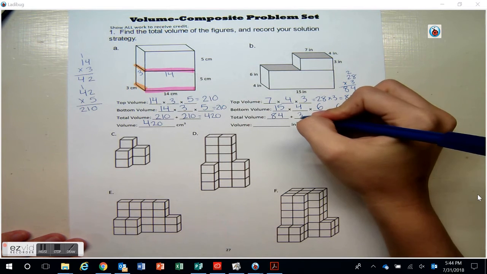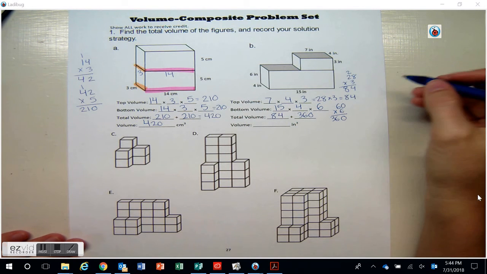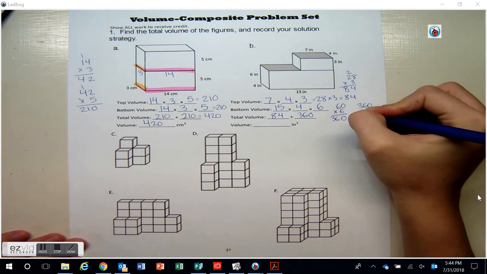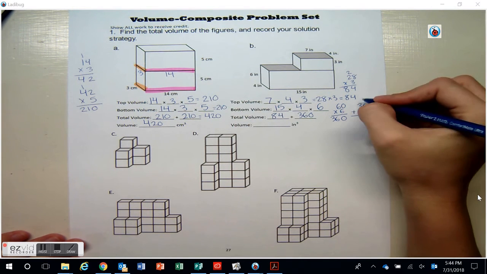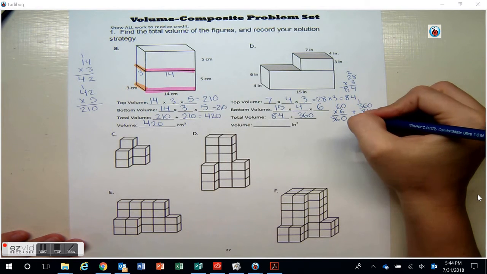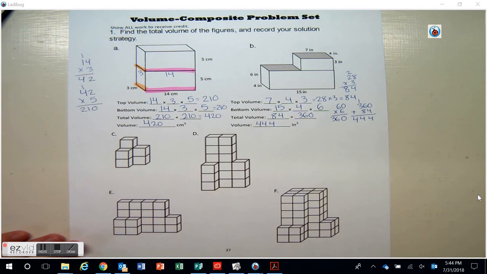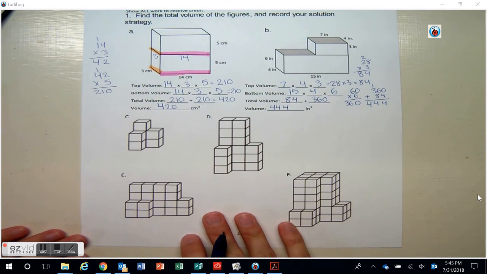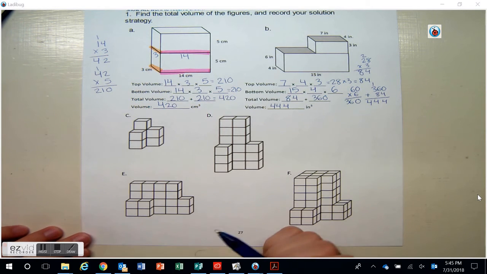So here I have a volume of 360 for that bottom shape, and 360 plus 84, 6 plus 8 is 14, 3 plus nothing is 3, plus 1 is 4. So here I have a total volume of 444 inches cubed. Now these are cool because you can break them up however you want to break them up.